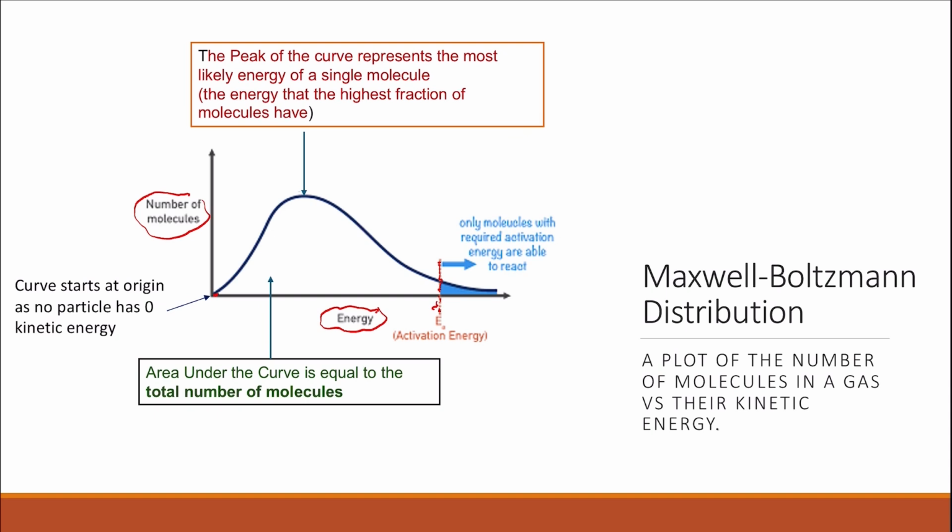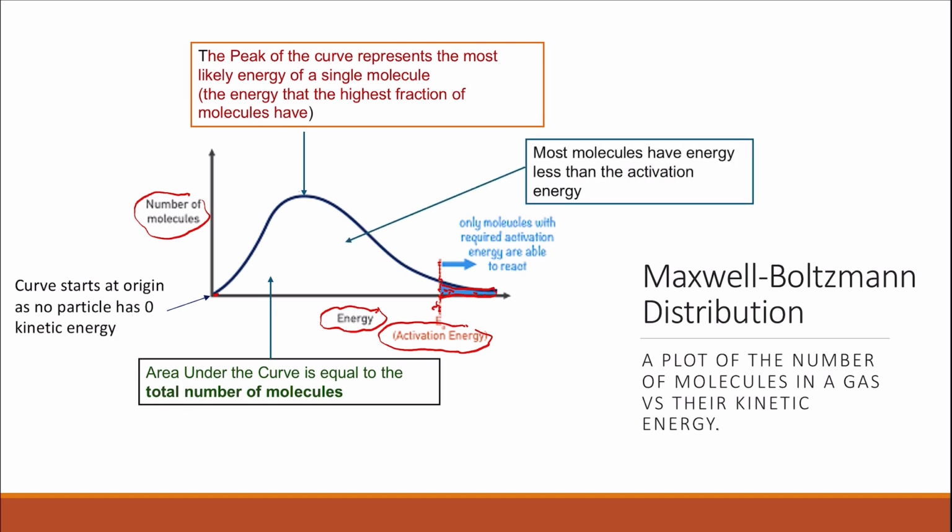So this represents the activation energy, and the area under the curve to the right of the activation energy represents the number of molecules that have kinetic energy higher than the activation energy, meaning this part of the molecules to the right is the one that is able to start the reaction or able to react.